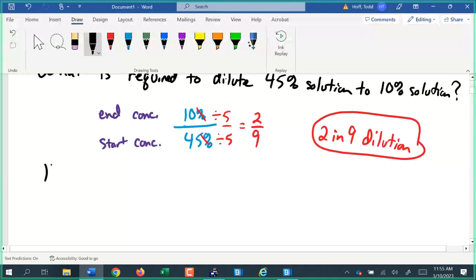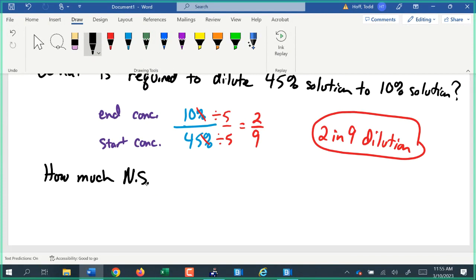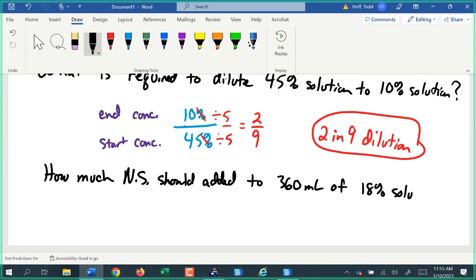If I ask how much neutral solution, how much normal saline or whatever, needs to be added to 360 milliliters of 18% solution to create, let's go with 12% solution.